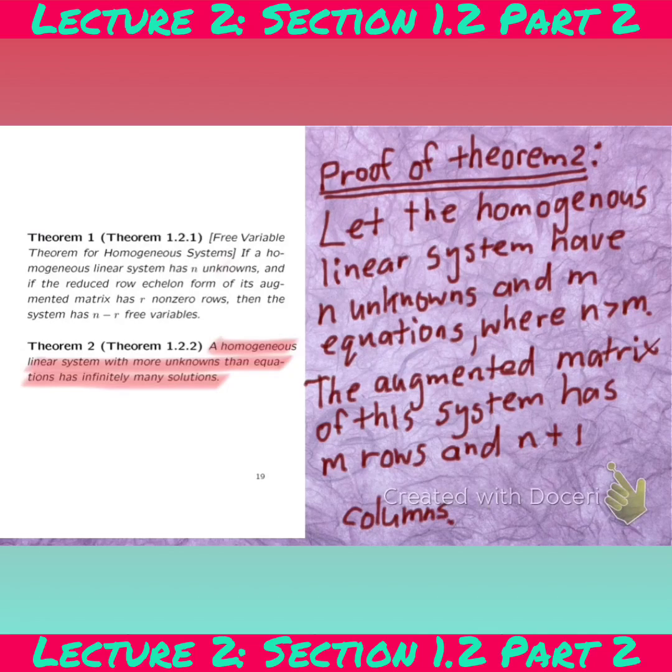Now if we look at the structure of the augmented matrix of this system, it will have m rows and n plus 1 columns, because the n plus 1 comes from the extra column of zeros that you get right at the end. So you're going to have n columns that correspond to your variables, and then the last column corresponds to all the zeros.